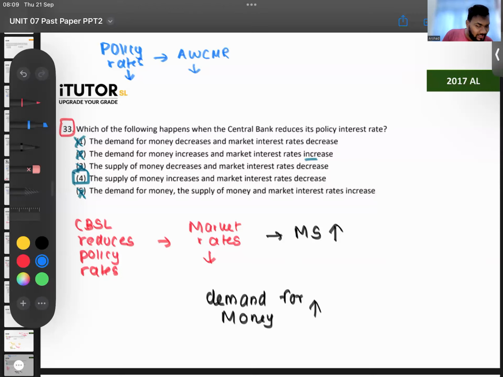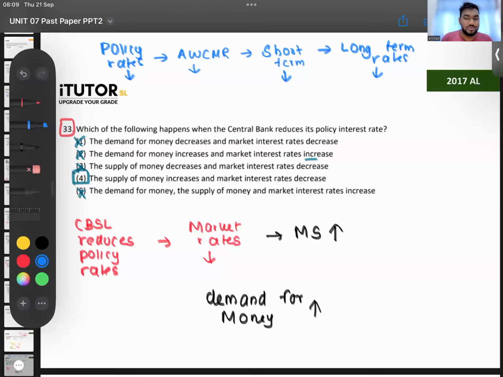How it happens, I'm not going into that detail. When the average weighted call money rate comes down, all the other short-term rates will come down, like overdrafts, short-term deposits, saving deposits. When short-term rates start to come down, eventually the long-term rates will also come down. This is the treasury bonds, long-term loans.